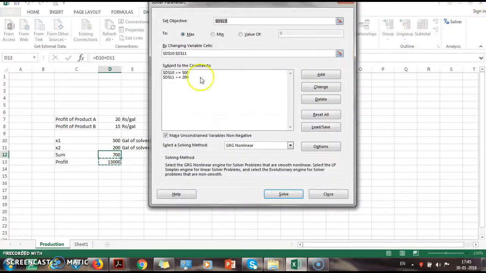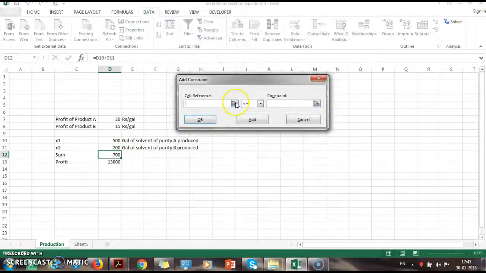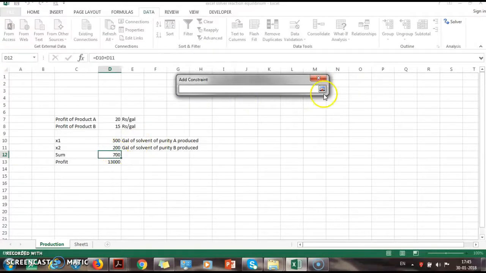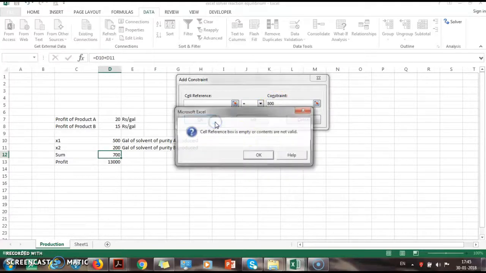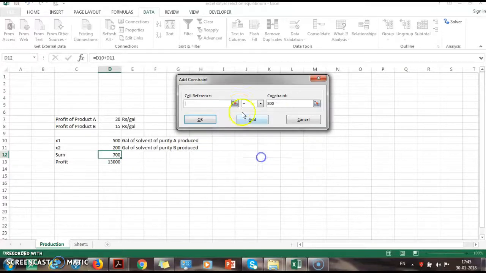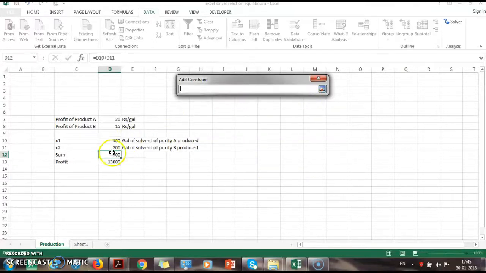I'll have to add a constraint, and this cell reference has to be equal to 800, so that we produce 800. Sorry, it has to be this.